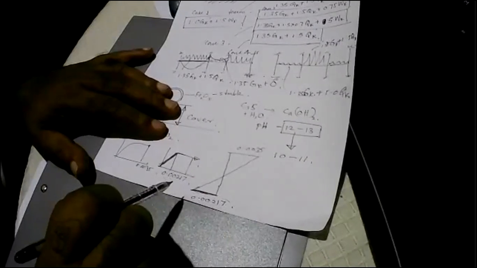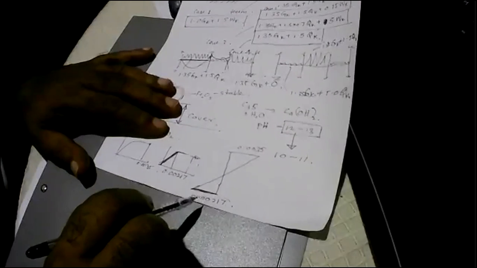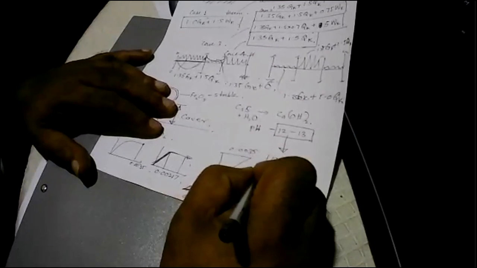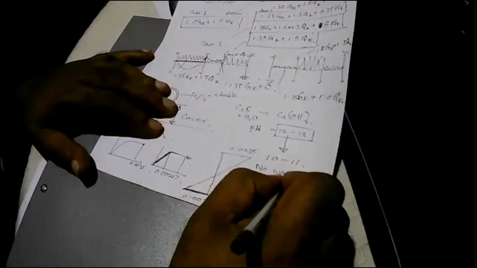Because steel has not yielded, we do not get any warning. The member will fail at once, with no warning, and that is not a good situation.